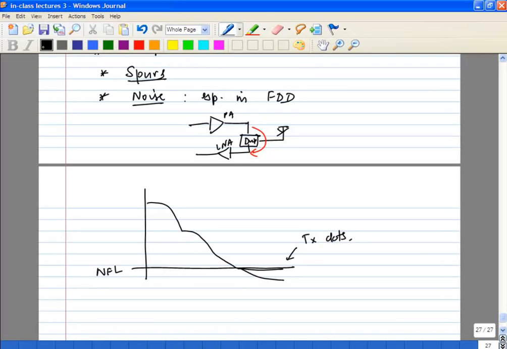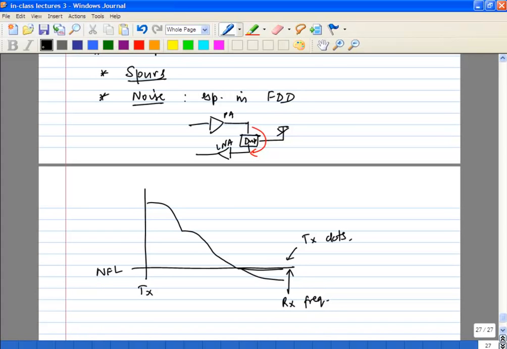This is your TX center frequency, and eventually there is going to be a point where you have an RX center frequency. The noise of the TX at the RX frequencies in the RX band is going to leak through the duplexer into the LNA input and effectively increase the noise floor. Is that clear to everyone?